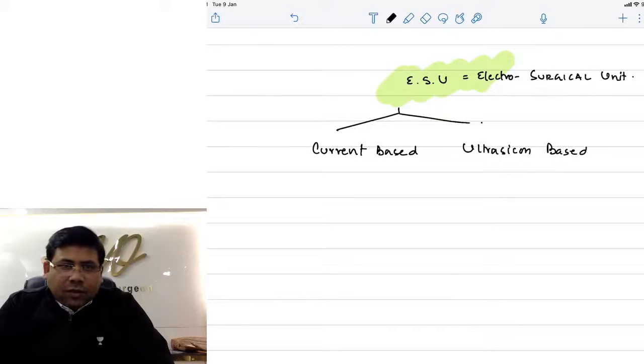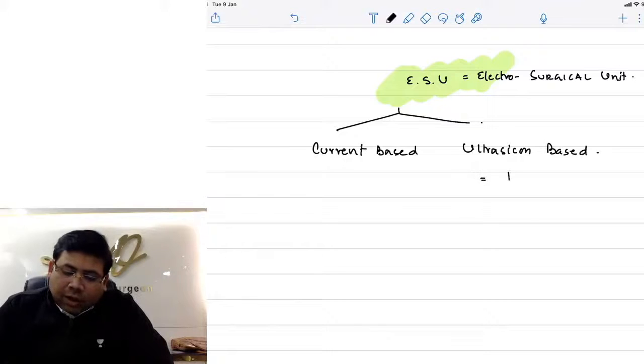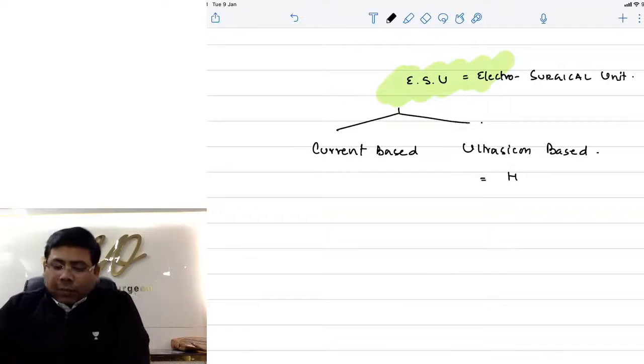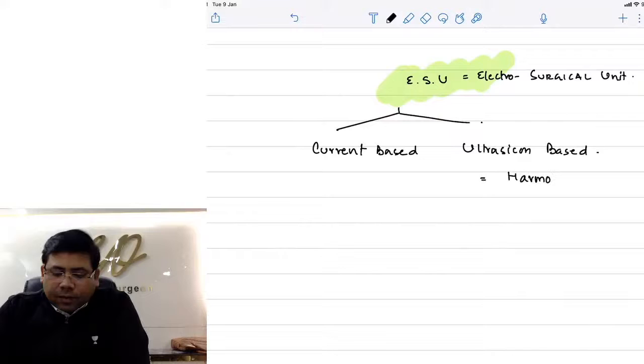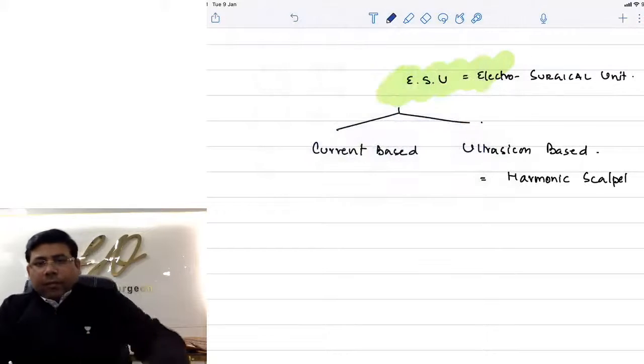What is the ultrasonic based? The answer is, the ultrasonic based is your harmonic scalpel. And current based, we have monopolar and bipolar.